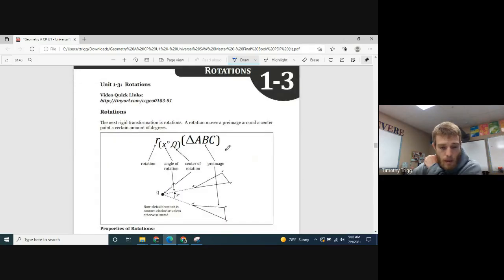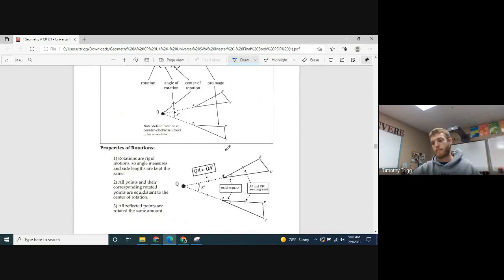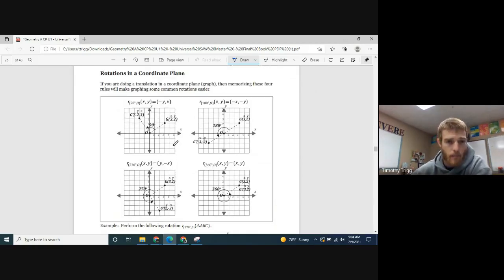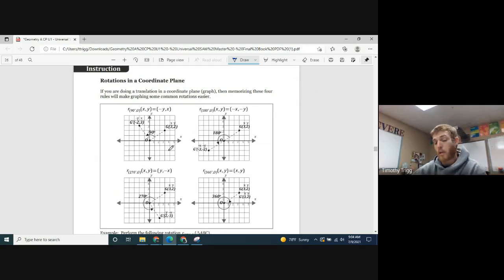Okay, now we're going to talk about rotations. Now it gives you these rules here about rotations. Now notice that the main rotation angles we're going to use are 90, 180, 270, and 360. So each of those are like multiples of 90, right?